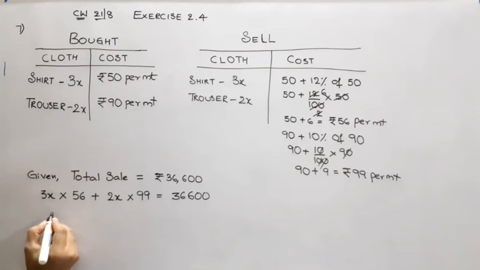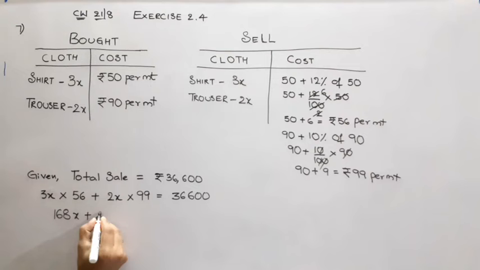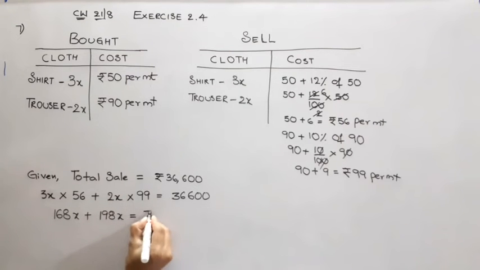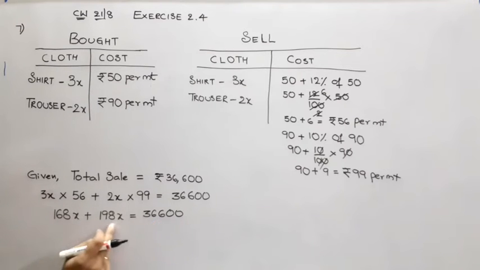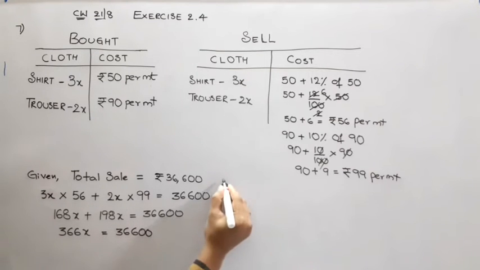So this is going to be 168x plus 198x is equal to 36,600. So being like terms, we can add these, which results in 366x is equal to 36,600.